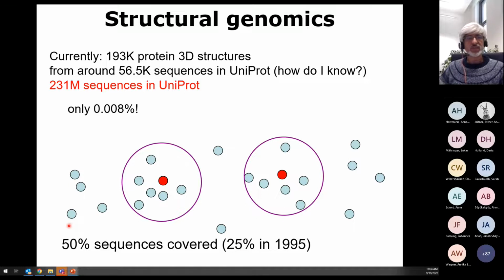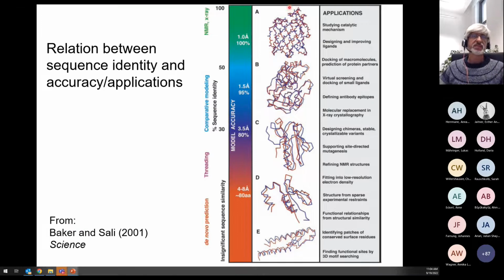The structures can be predicted by homology modeling. And here is just a graph indicating that when the identity between the sequences to compare is very high, you can do very precise models. And as the identity goes down, let's say to less than 80% and lower, then the models are not so accurate, but still they will allow you to do different functions.